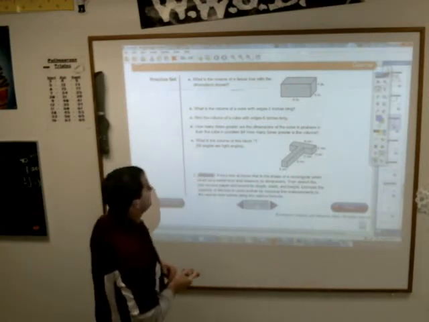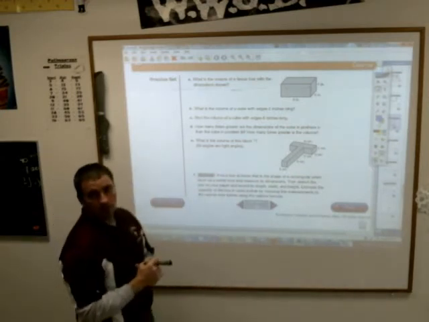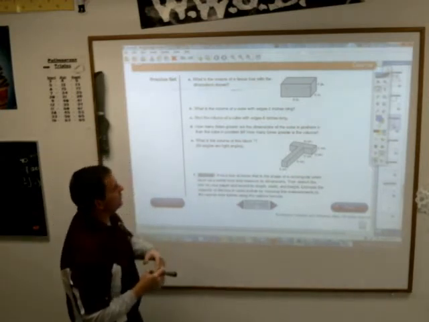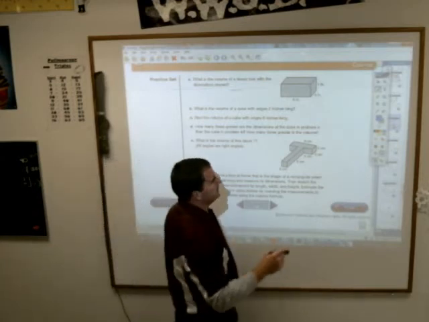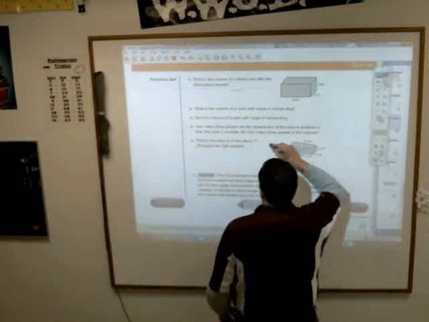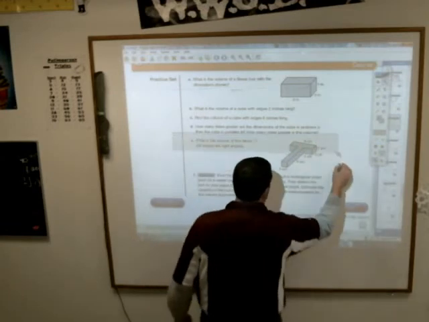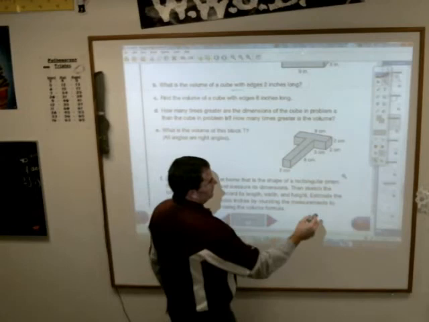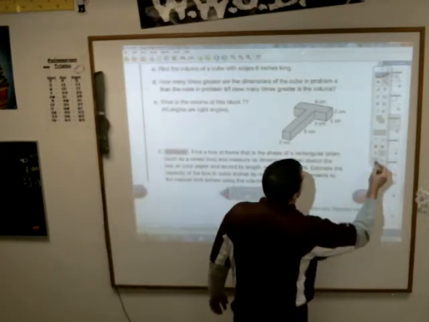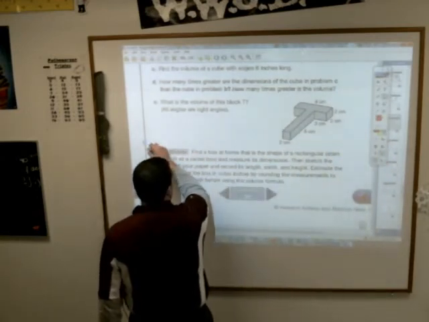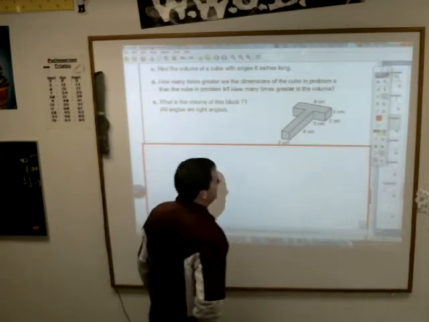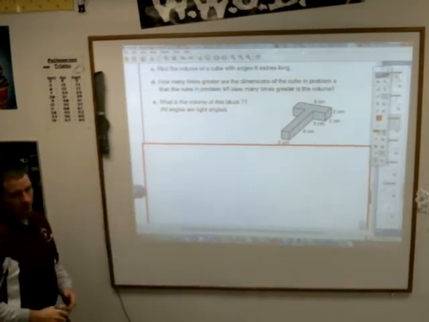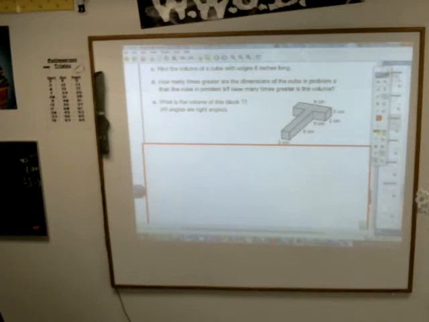So, for example, we got a little bit of time right now. I want you to do problem letter E for me right here. Do letter E for me right now from beginning to end. Sketch it out, write the formula, find the area of the base.